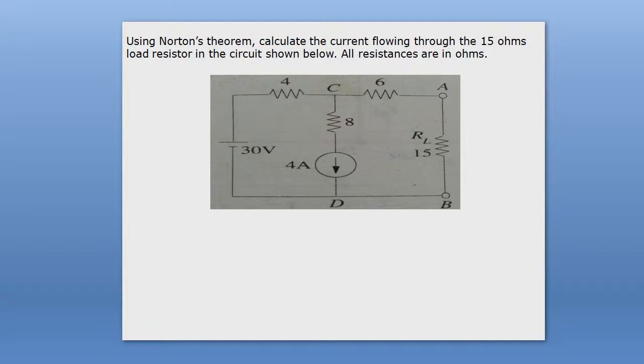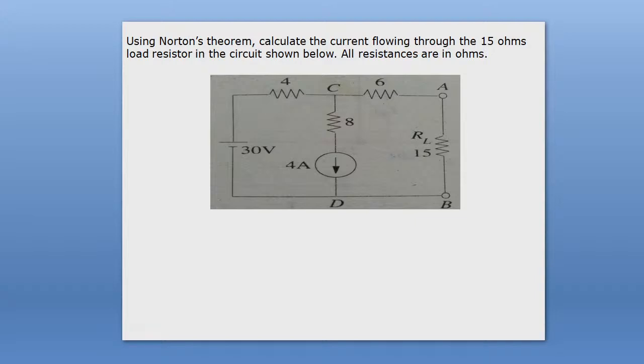You can solve this problem using Thevenin's theorem or other approaches, superposition theorem. But in this problem, it is mentioned that you solve the problem using Norton's theorem. Now you tell me the value of current which will flow through the 15 ohms load resistance.